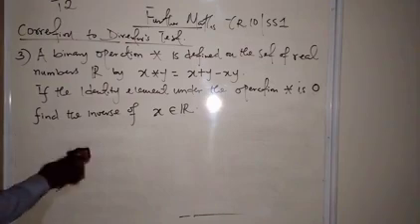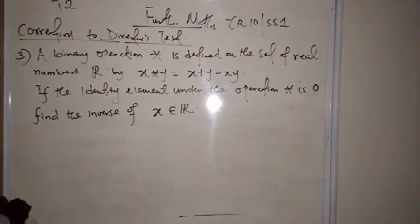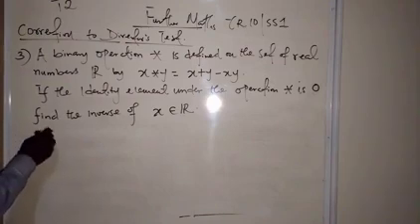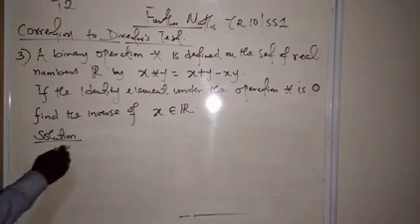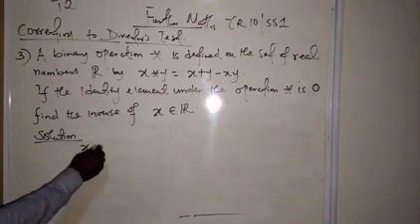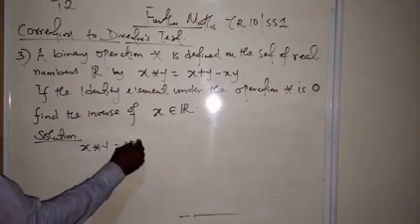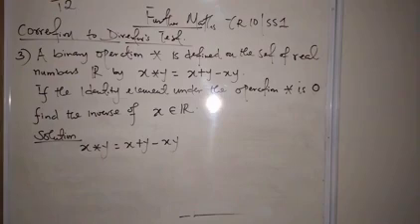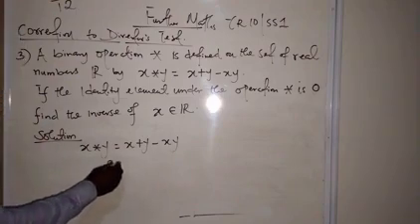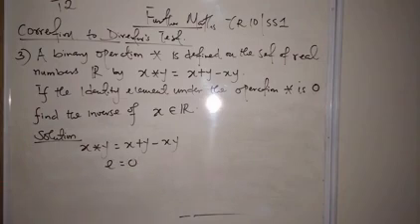Now, we have a solution. X star y is x plus y minus xy. The identity element is 0 for this operation.